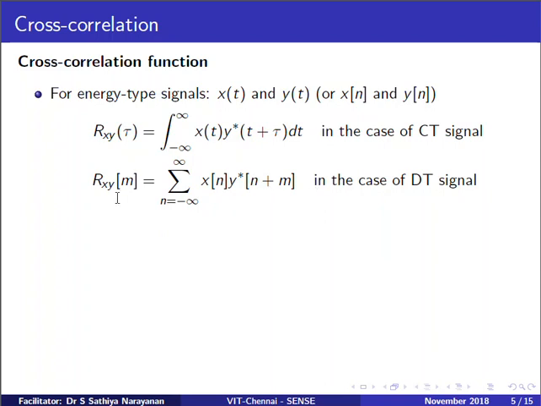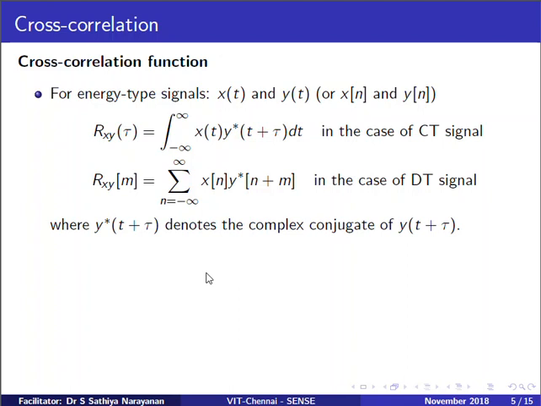Here the variable m is used. Depending upon the type of the signal, if it is continuous time there will be an integral, if it is discrete time there will be a summation. This is for energy type signals. As I mentioned already, y star represents the complex conjugation.